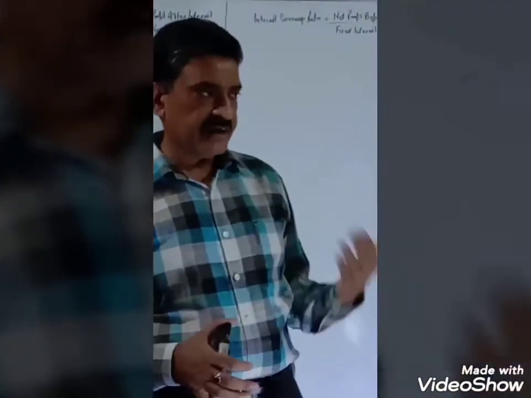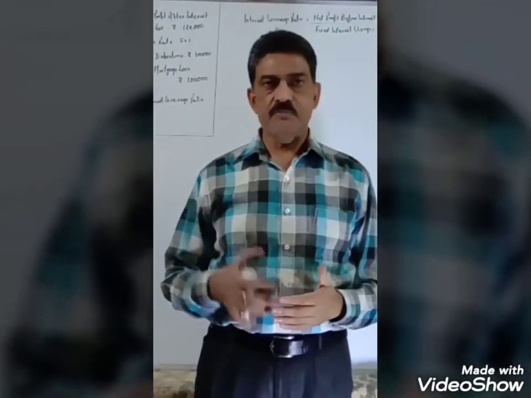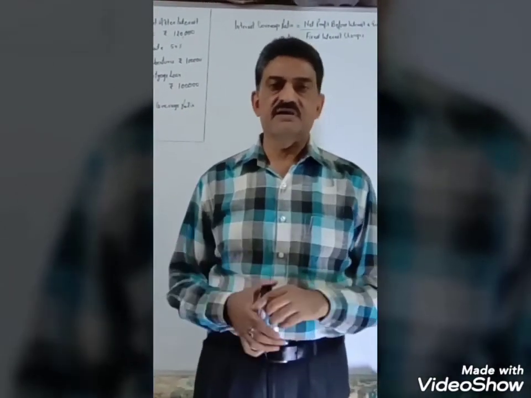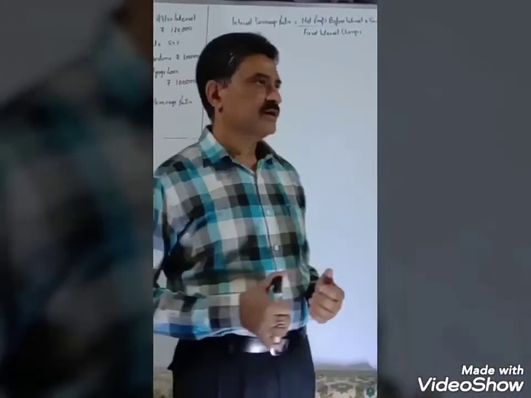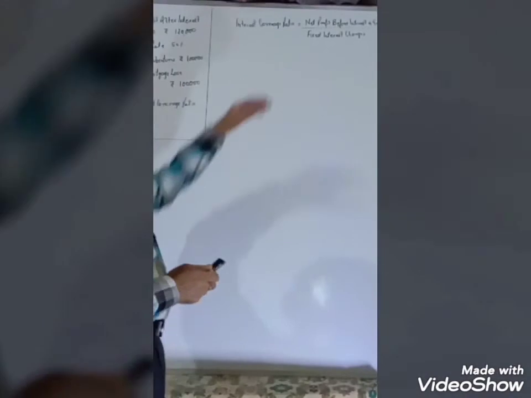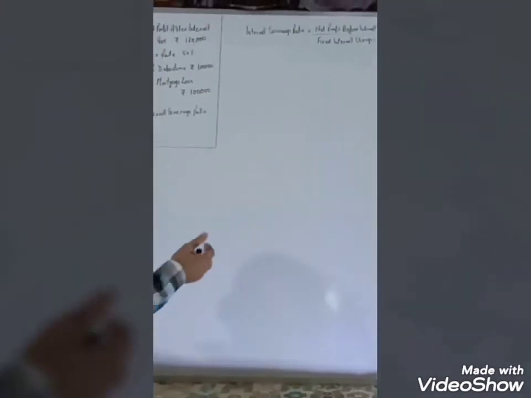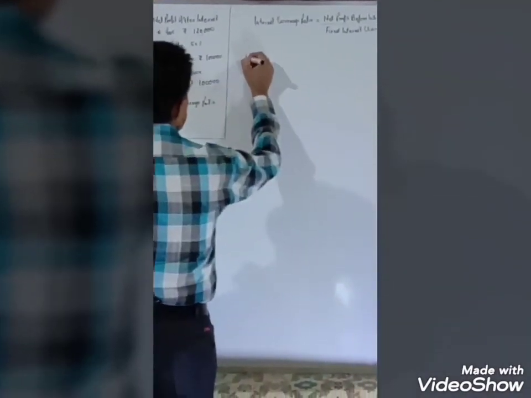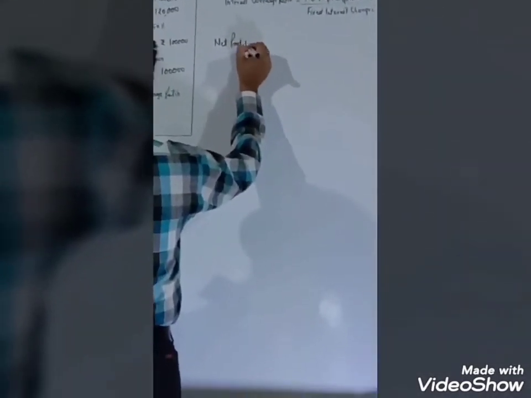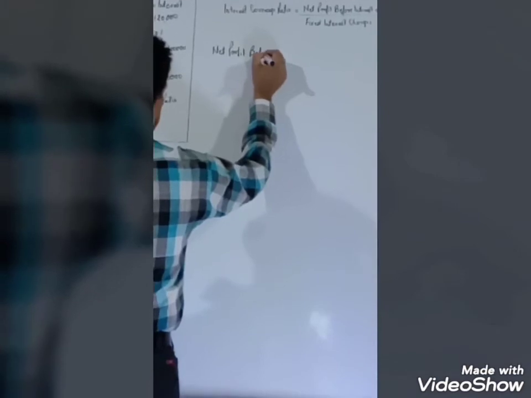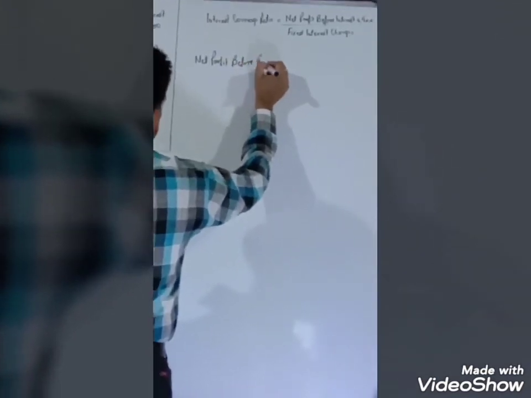So if we add interest and tax back to the net profit after interest and tax, we will get net profit before interest and tax. So firstly we have to calculate net profit before tax.